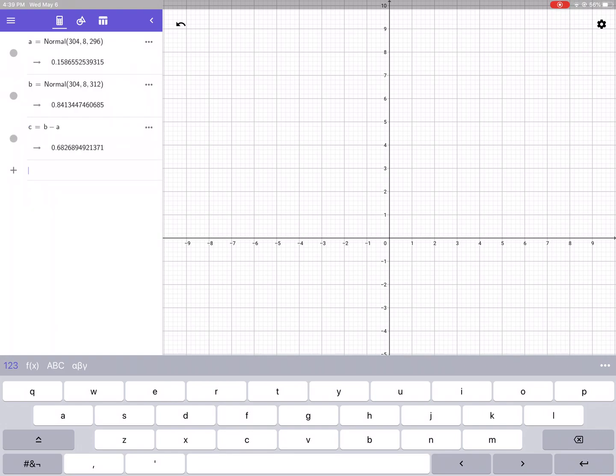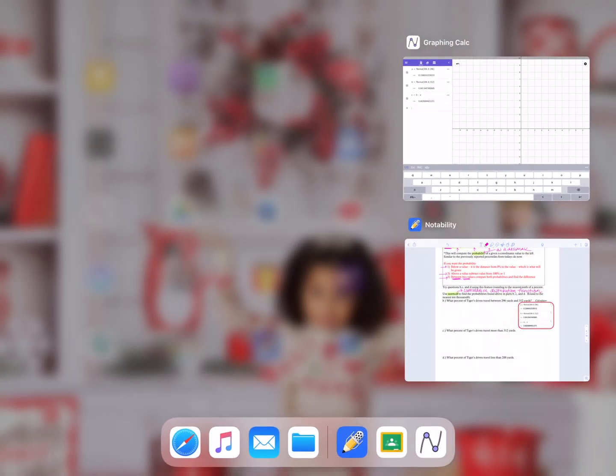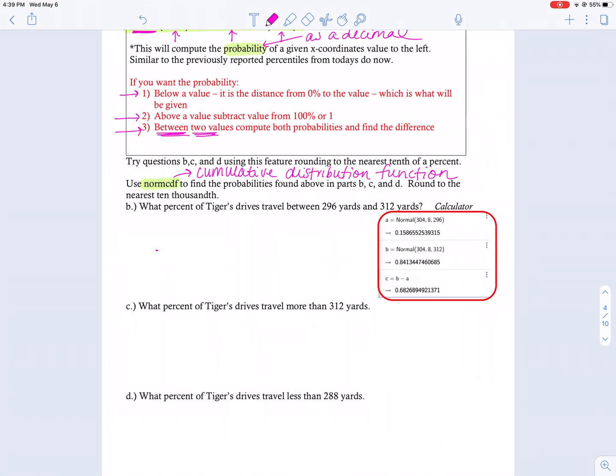So if I had to write that number down, 0.682689. Does it say what to round to? The nearest 10,000th. Okay, so going tenths, hundredths, thousandths, this is the 10,000ths place.